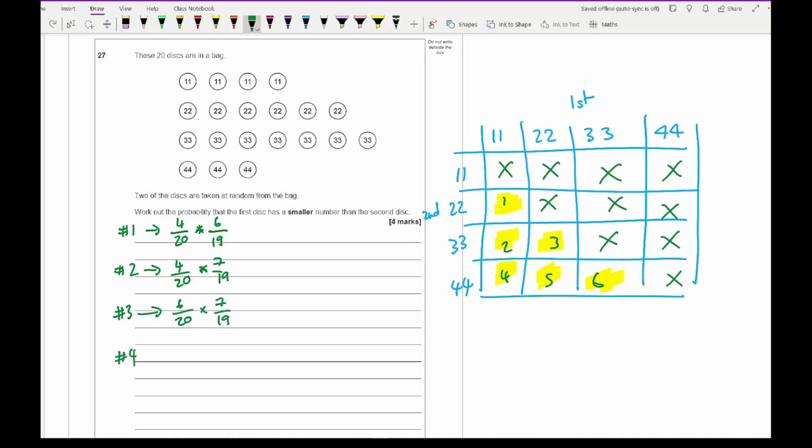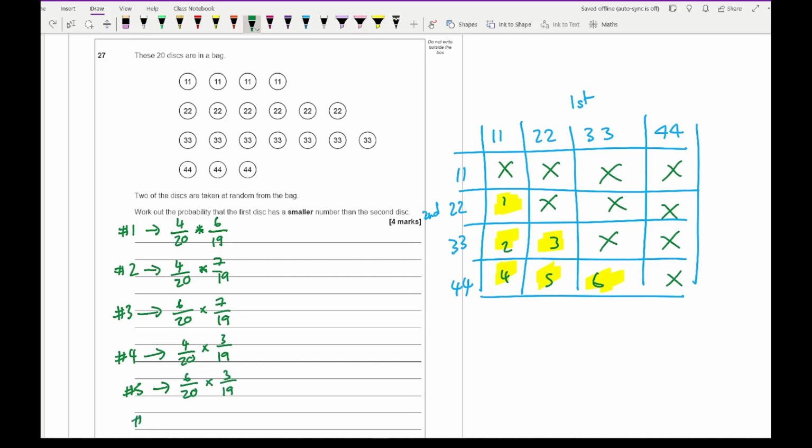With number 4, that's going to be 11 first, so that's 4 out of 20 times 44, which is 3 out of 19. Number 5 is 22 first, which is 6 out of 20, multiplied by 44, which is 3 out of 19.